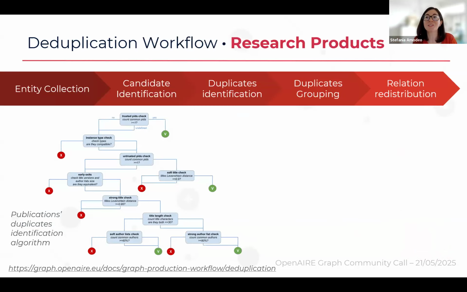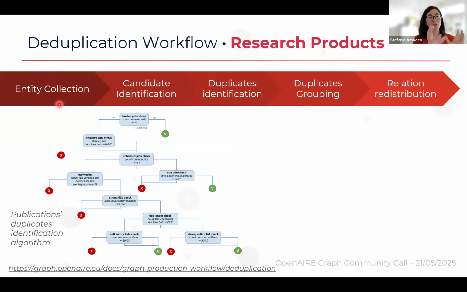Okay, now let's see what is behind the scenes of this deduplication workflow. So this goes through, starting with research products, a multiple-step workflow that starts with the very first point, the entity collection. This is the phase where, going through the graph, we identify the records of a given type.